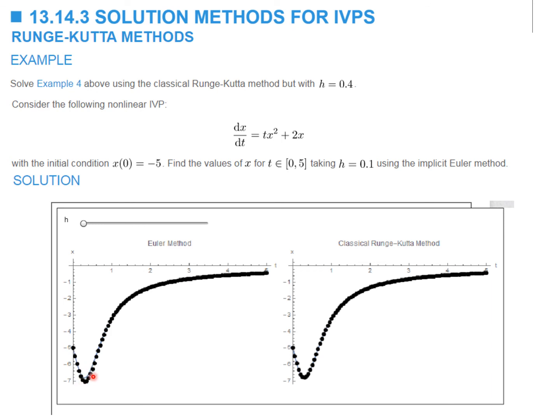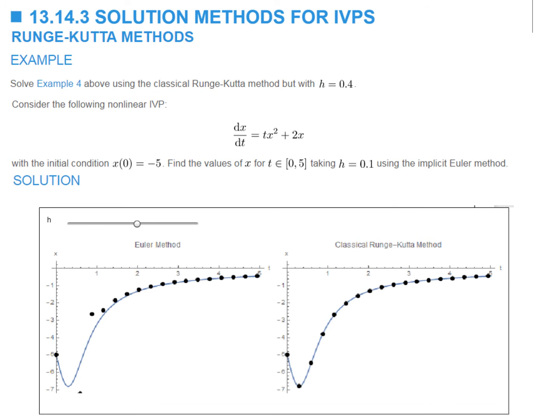When h is very high, you can see that the Euler method is losing accuracy in this area, but the Runge Kutta method is actually very accurate even with a very high h.